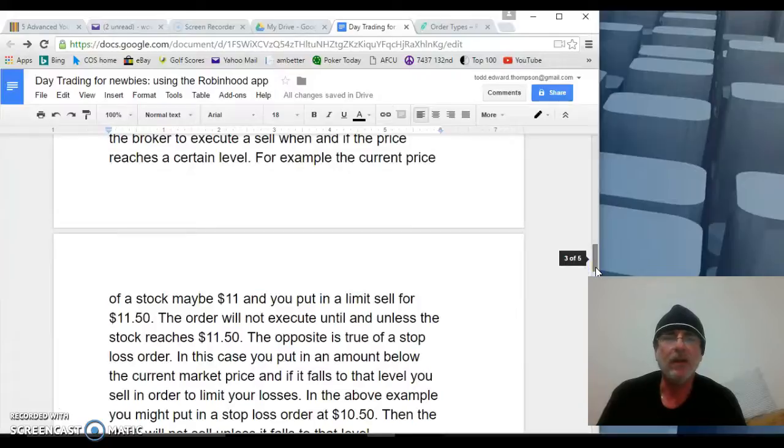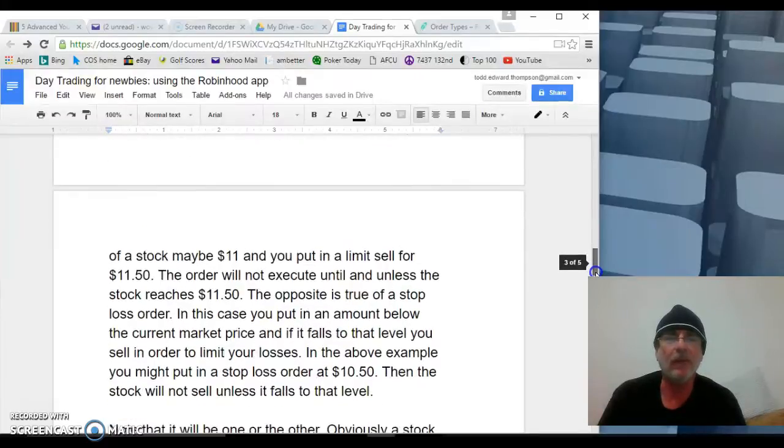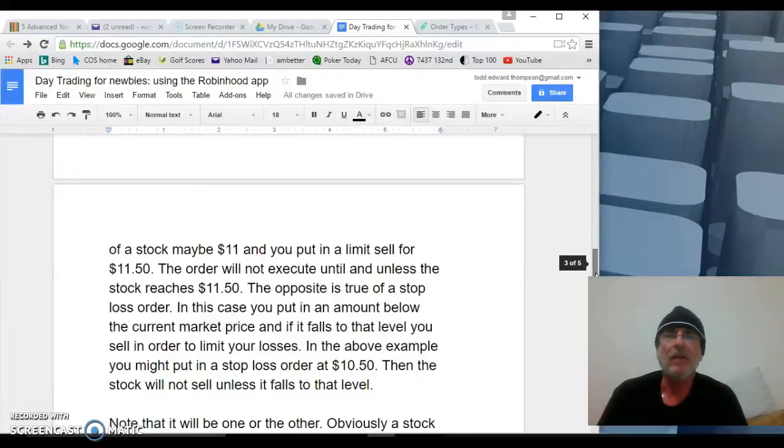For example, the current price of the stock may be $11, and you put in a limit sell for $11.50. This way, you don't have to constantly be watching the price of the stock to get the price that you want. The software will do it automatically for you. So the order will not execute until and unless the stock reaches $11.50.